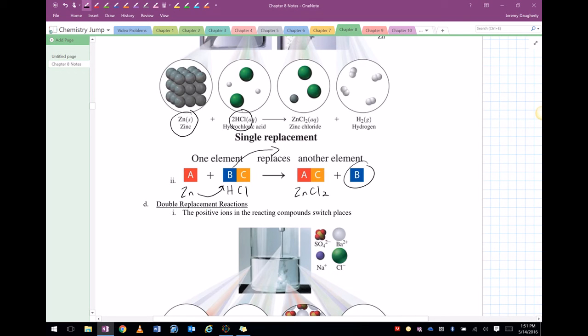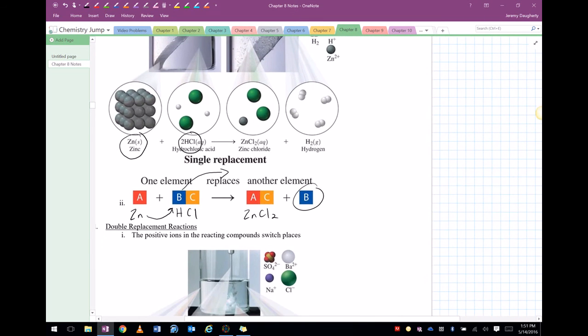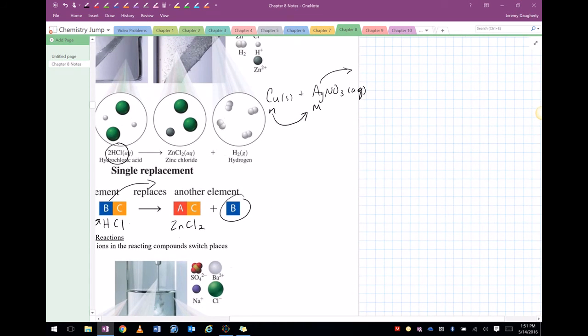Okay, now let's look at another one. We're going to say copper, solid, plus silver nitrate, AgNO3, and that's aqueous. Now, for this, remember the copper, it's a metal. So the metal is going to replace the other metal, and then that metal is going to go off by itself. So the copper is going to go with the nitrate.